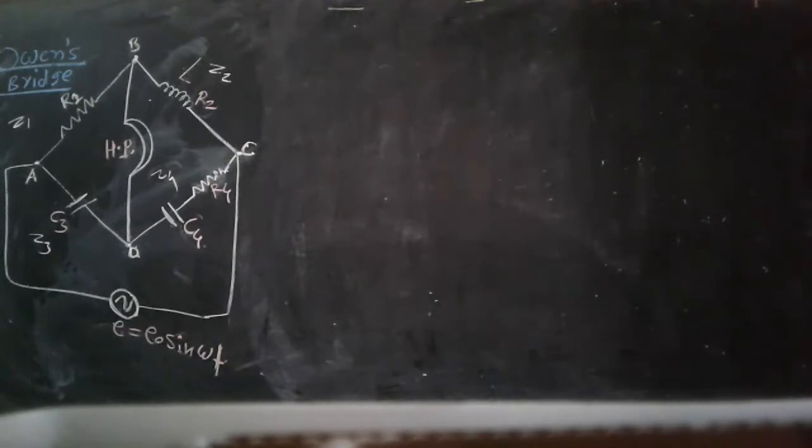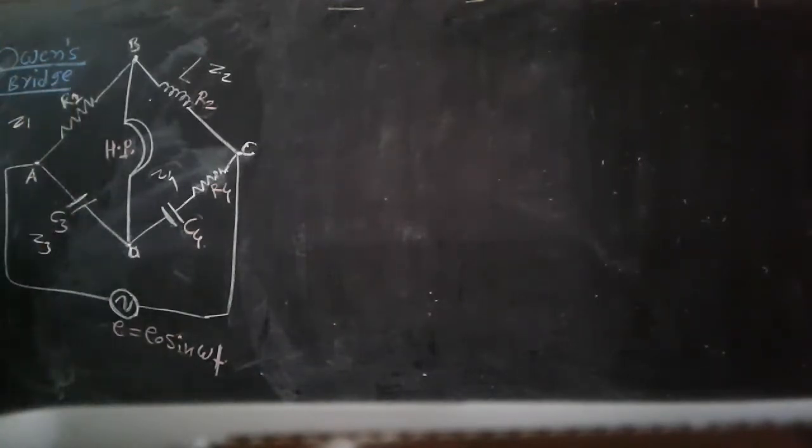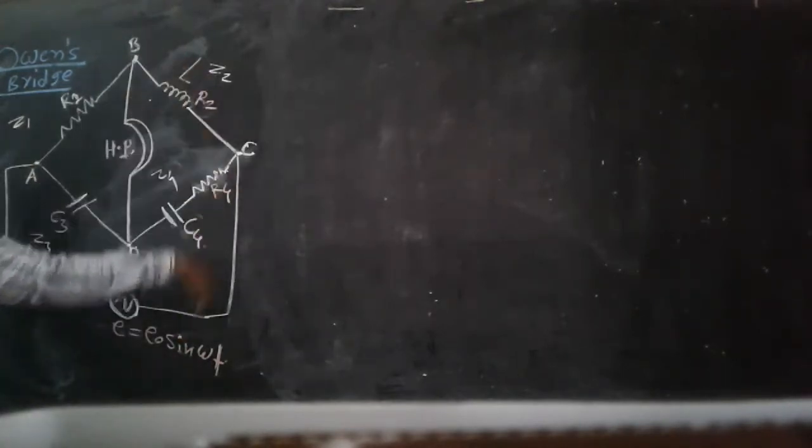Then according to Wheatstone's balancing condition, we know that R1 by R2 is equal to R3 by R4, or we can write Z1 upon Z3 is equal to Z2 upon Z4.